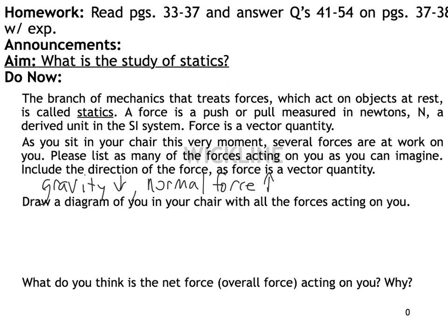It's going to go up, and it's provided by your chair. And then I guess you could also say there's air pressure forces, which are coming from all sides, so every direction. It's hard to even say what arrows I should draw there. I'll just put in several arrows that are sort of pointing towards the middle.